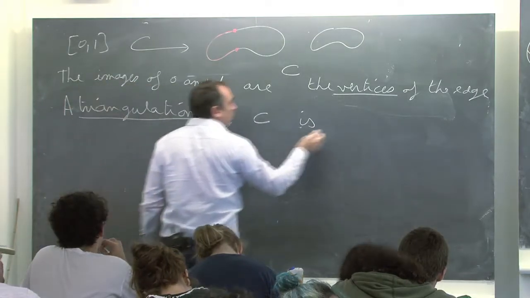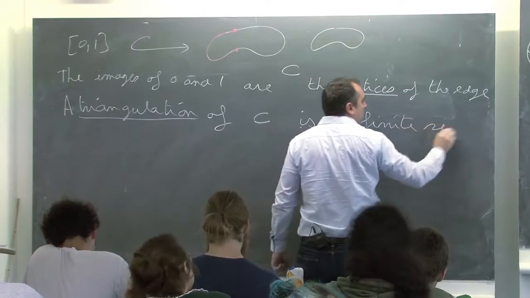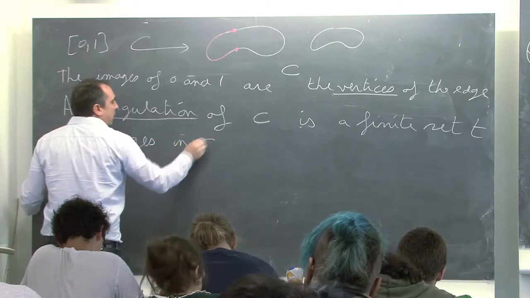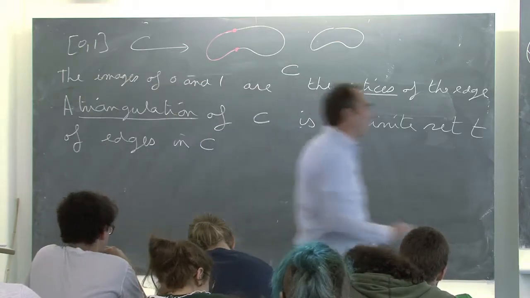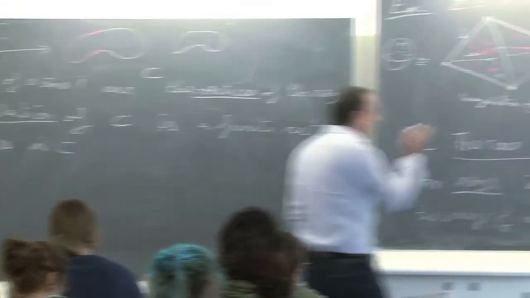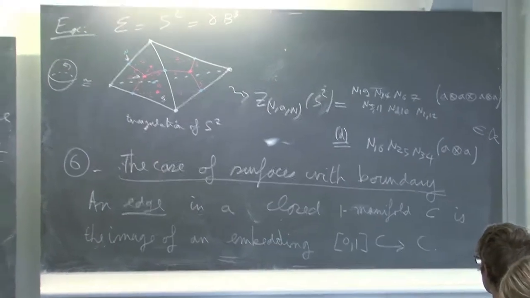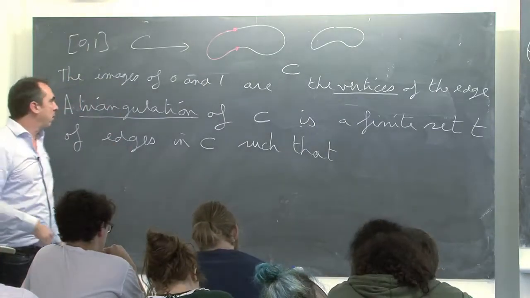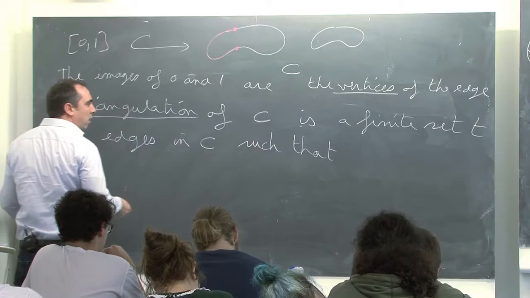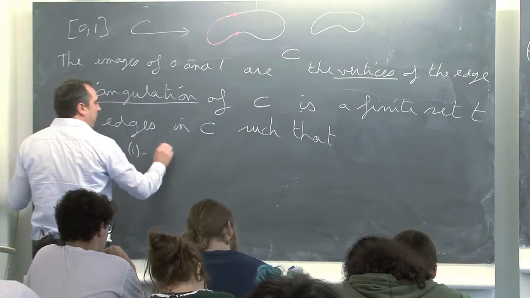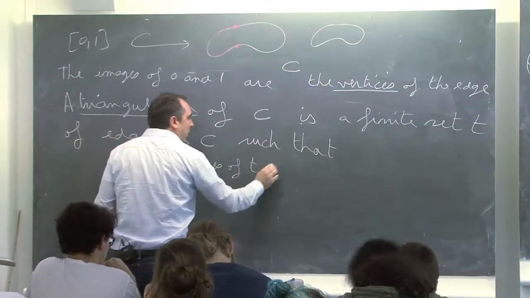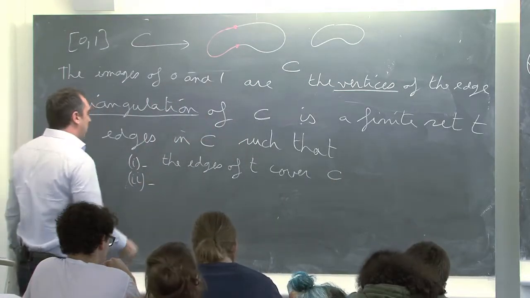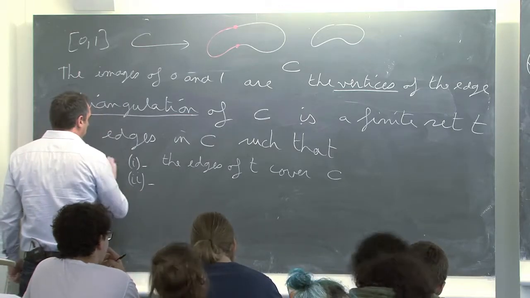There is a finite set T of edges in C, such that, first, the edges of T cover C. And second, two edges intersect only at a vertex.